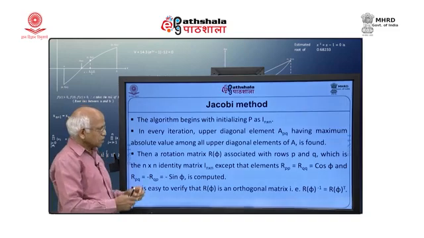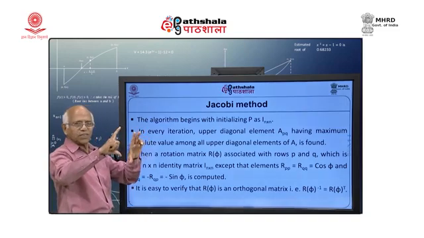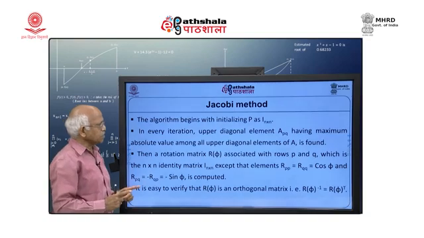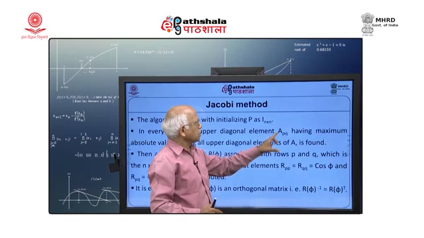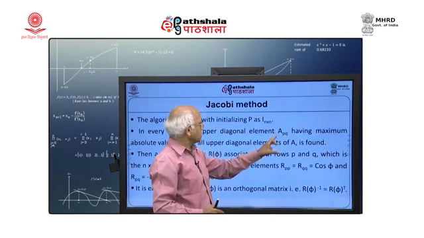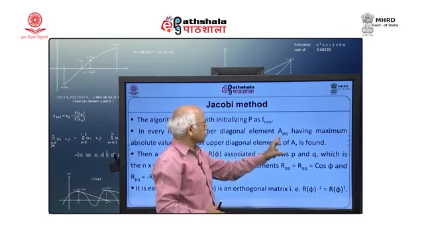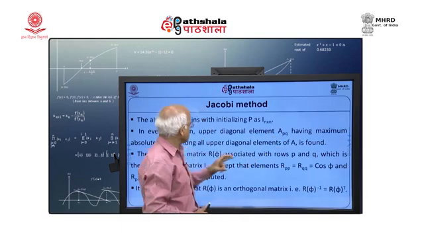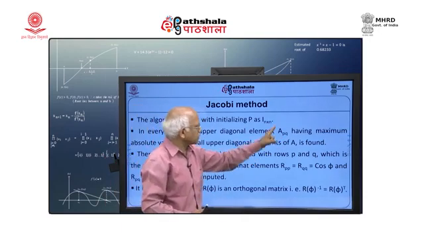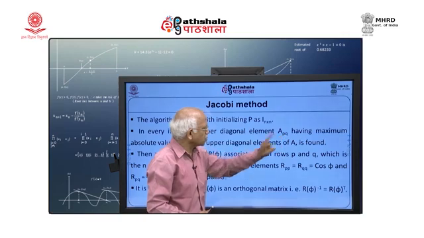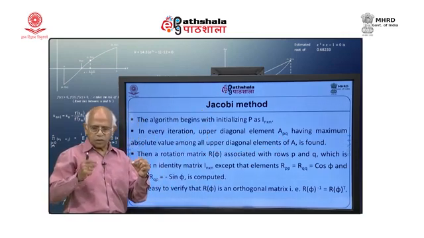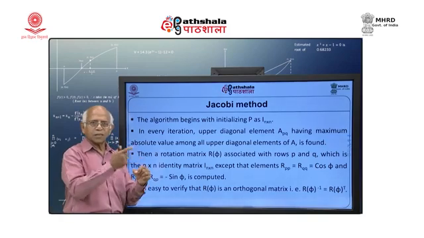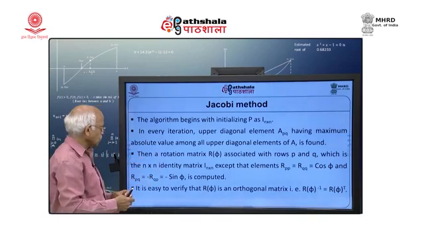So, that means 4 entries will change in the identity matrix, and which 4 entries depends on the indices of the non diagonal element. Here we are taking the upper diagonal element of A having the maximum absolute value. So, these are the P and Q. So, we are taking PP, PQ, QP and QQ.